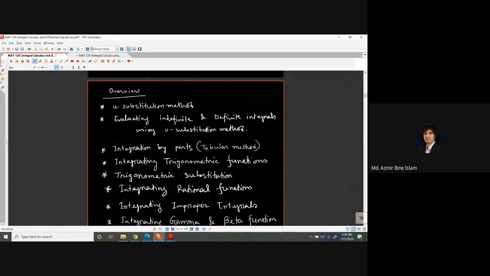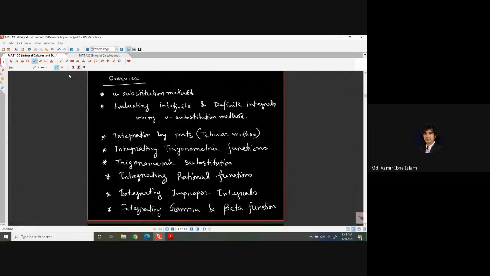But remember, you have to start from the very basic concept, that is the U substitution method, because this is the very fundamental technique that is applied every now and then. Then we see how U substitution can be applied to find the antiderivative for an indefinite integral and the area for a definite integral.